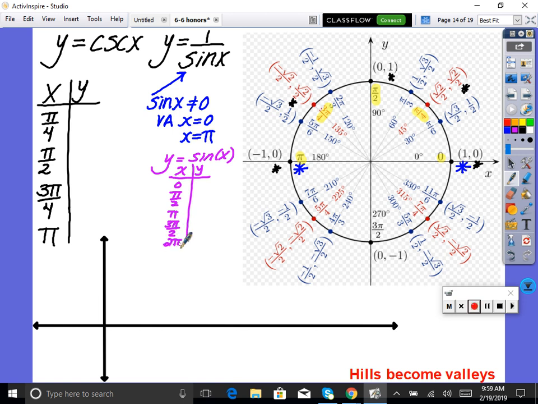There's one cycle. And then sine's pattern is 0, max, 0, min, 0. So if I was to graph that, 0, pi halves, pi, 3 pi halves, 2 pi. So then up 1, negative 1. Okay, plotting points here in yellow. So 0, 0.